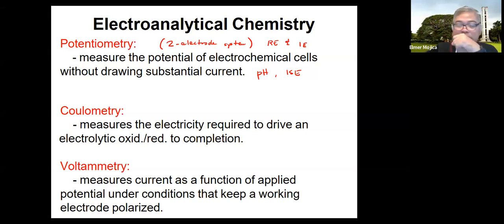And what does the thermometer represent? That is your sensor, like your temperature sensor. So the thermometer represents the potentiometric sensor, and the temperature reading on the thermometer is like the measurement you get from the potentiometric method.